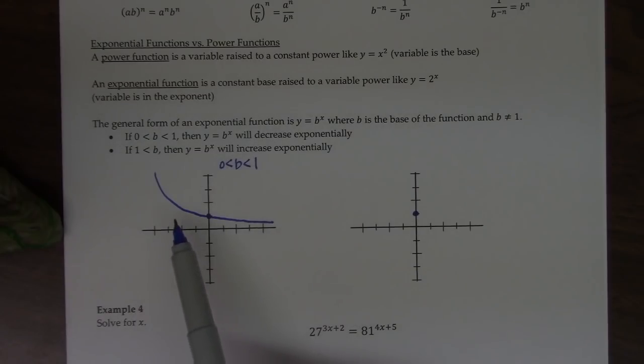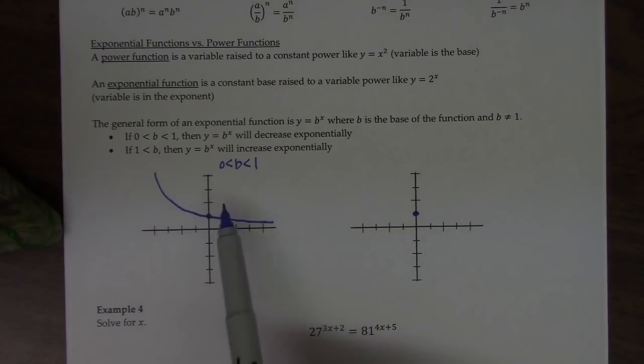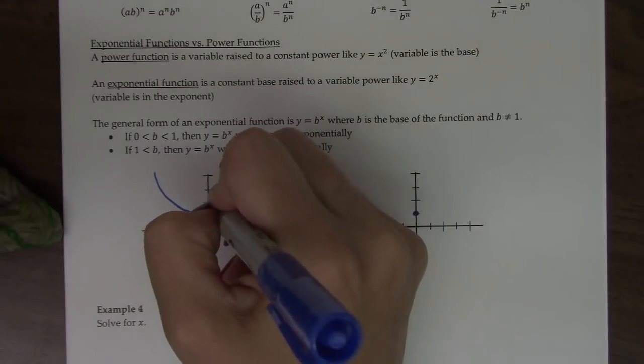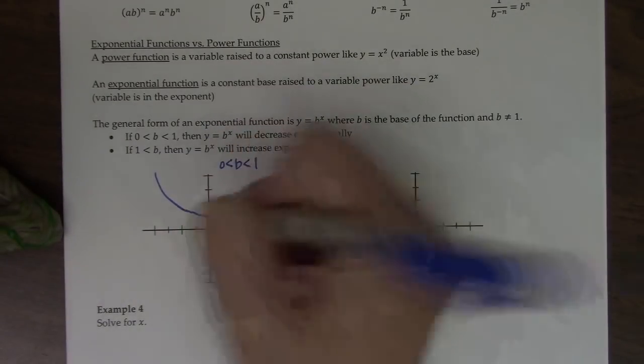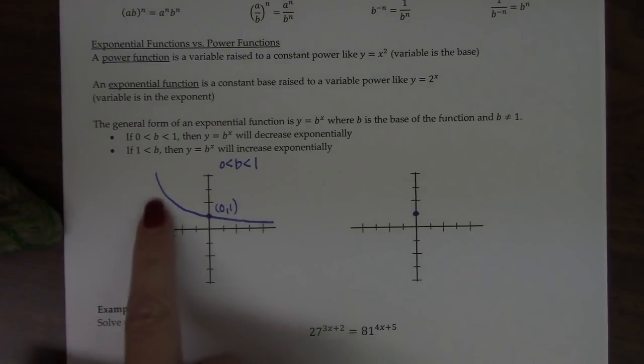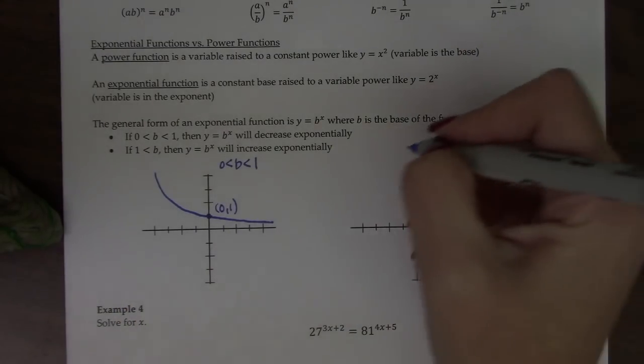You can think of 1/2 to the x. Every time you plug in the next value of x, you're cutting the previous answer in half. So it's just reducing and reducing. Its y-intercept is (0, 1), and we can see it's decreasing over time.